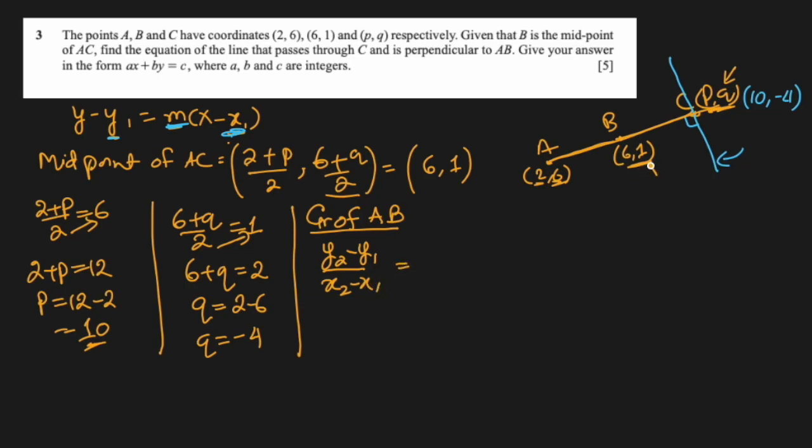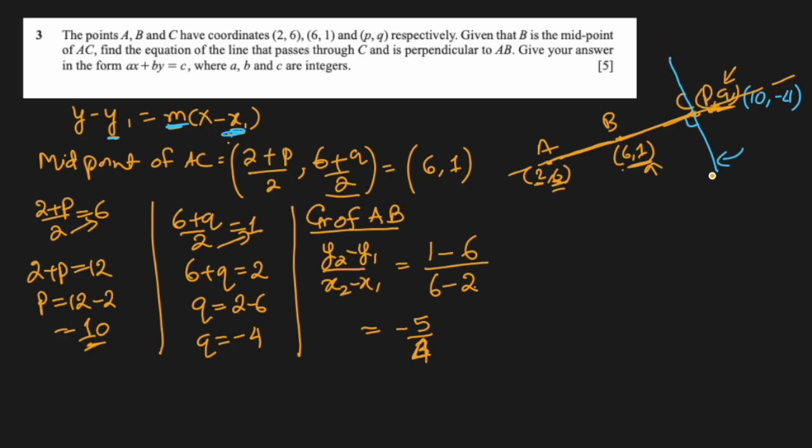So let's take 1 as y2. 1 minus 6 over x2, 6 minus 2, which comes out to negative 5 over, not 3, 6 minus 2 is 4. Negative 5 over 4. But this is the gradient of this line AB, this whole line.